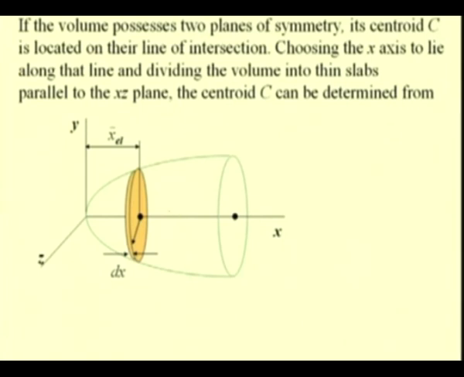So, now we are interested in finding the location of the centroid along this x axis, and for that we consider this thin slab which is parallel to this plane yz, that is, parallel to the plane perpendicular to the axis along which the centroid lies. So, now we take this as the differential element and integrate it.